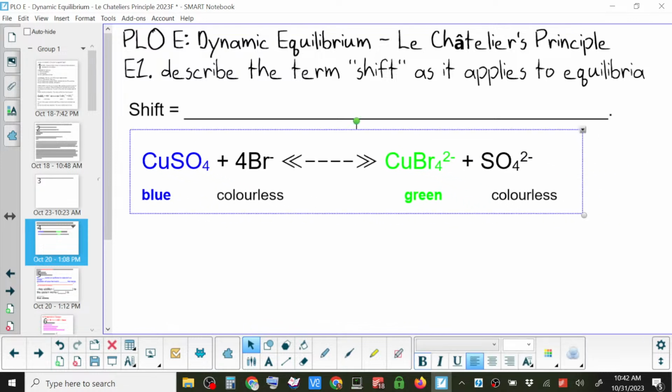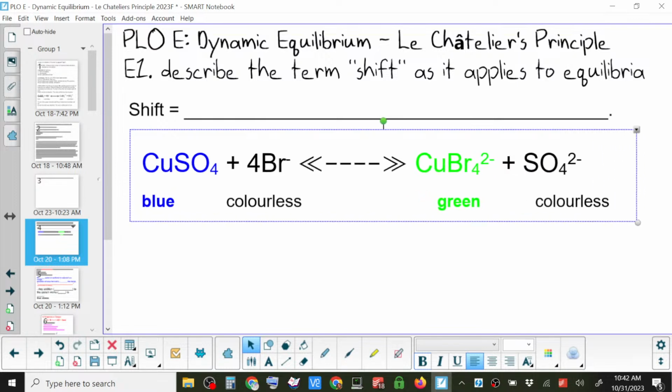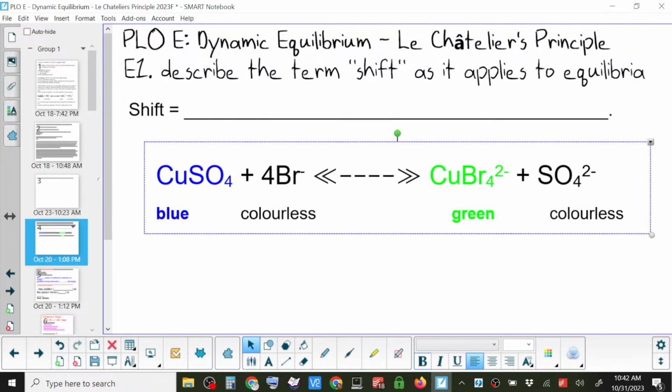There we go. So now the bromide and the sulfate themselves are colorless, so they shouldn't be doing it. So let's add all of that to the solution.